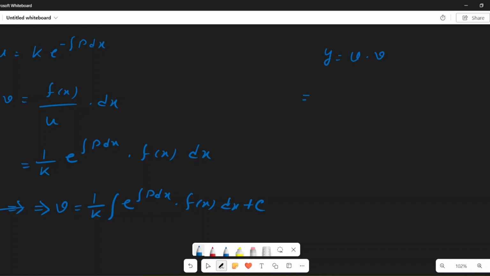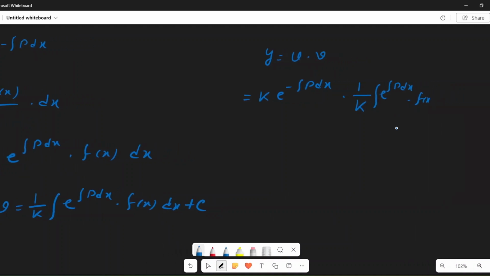So we have u, that means k e to the power minus p dx, that is the u, and the value of v also we have, that is 1 by k, integration of e to the power p dx f(x) dx, plus that c term.